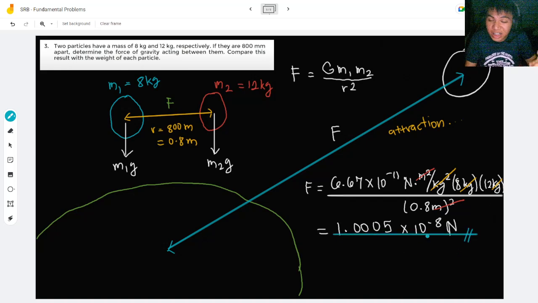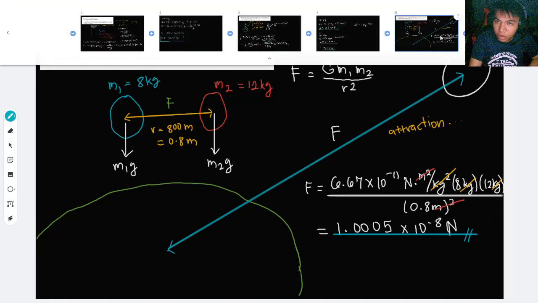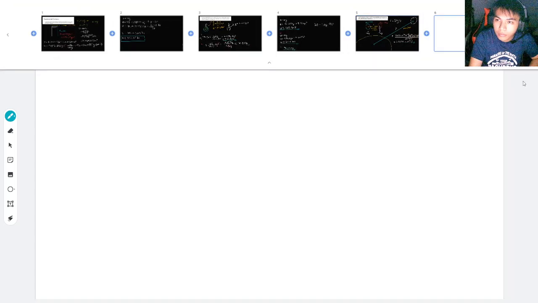So how do we make sense of this? So we're gonna compare it to the weight of each particle. Okay, let's do it in another frame. So to do this one, it's just real simple.